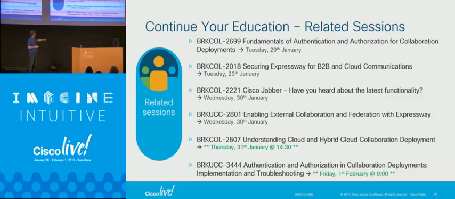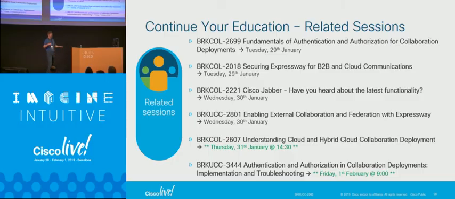Cisco Jabber happened yesterday. Also good stuff to check out. External collaboration and federation with Expressway. That goes into some stuff around ICE and all the point-to-point media and some of the things going on there. And then if you're interested in more cloud and hybrid integrations, I highly recommend 2607, which is later today.